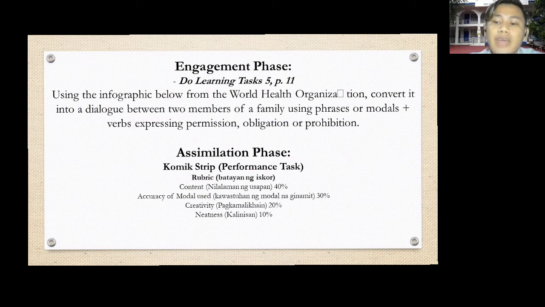For your creativity, let's say, for example, you draw or you cut out pictures, that is 20%. And of course, much important, your work must be neat. It has 10% with a total of 100%. So I am expecting your comic strip, for it will serve as your performance task.